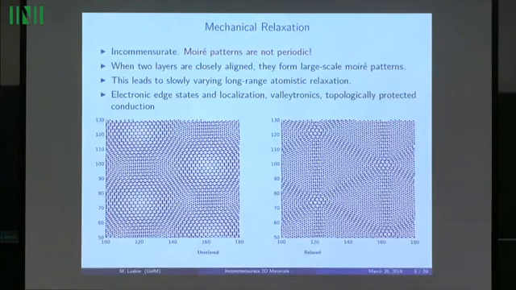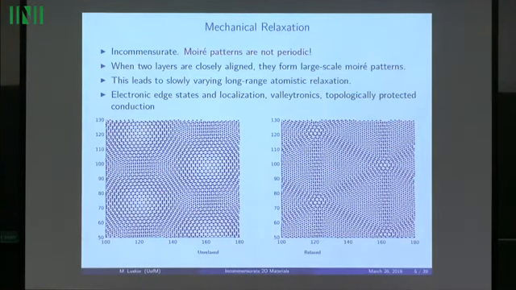Okay, so when you see these patterns, what you're seeing are really patterns in the disregistry, in that vector B. You're seeing that the disregistry is slowly varying as we come across the material. And the length scale at which the disregistry or the pattern changes is a much longer length scale than the atomistic length scale.